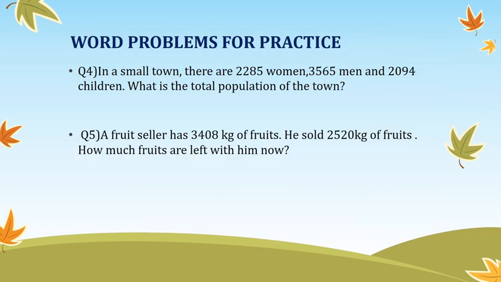Now here you have 2 questions for practice. This you can keep for yourself and use the strategy of buck to solve this problem. So question number 4 here says, in a small town there are 2,285 women, 3,565 men and 2,094 children. What is the total population of the town? So this question, when you read, please read it twice.